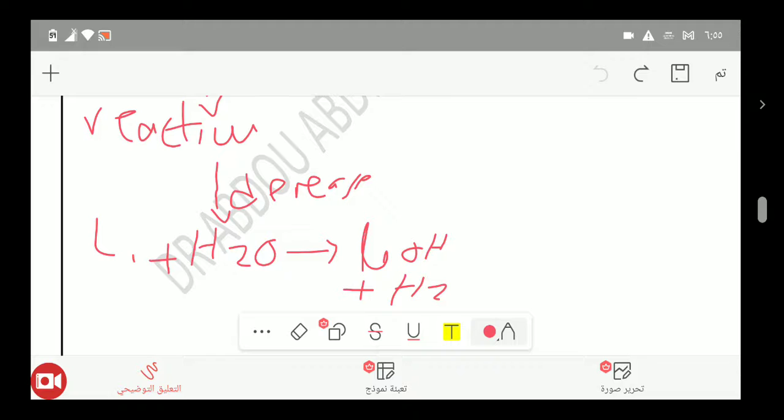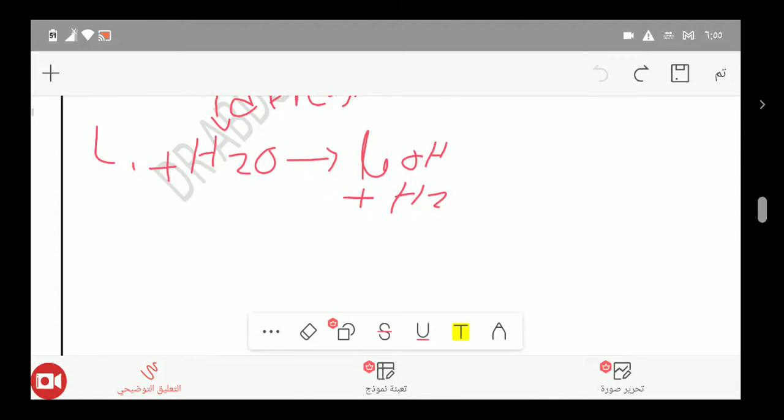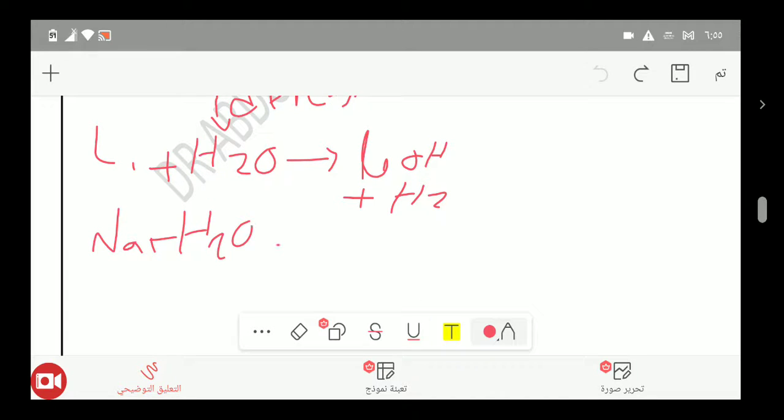Okay, let's talk about sodium. When sodium reacts with water, it gives sodium hydroxide plus hydrogen. So what is the difference between the reaction of lithium and sodium?